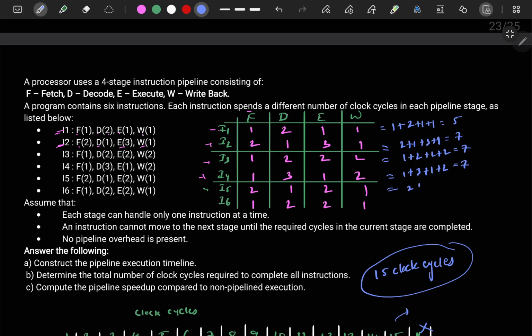And this one, 2 plus 1 plus 2 plus 1, is 6. And this, 1 plus 2 plus 2 plus 1, is the delay for instruction 6, I6, which is also 6. So we got all the delays.